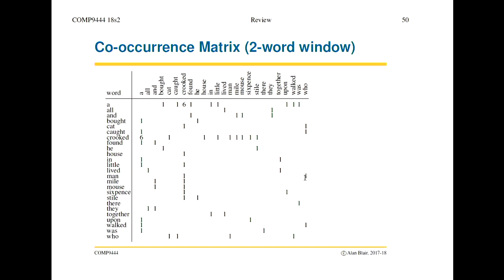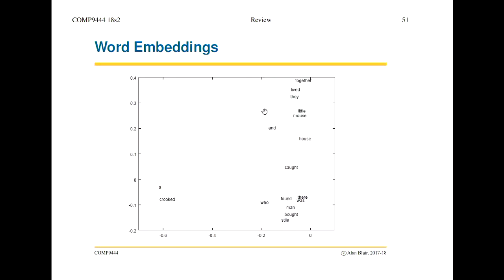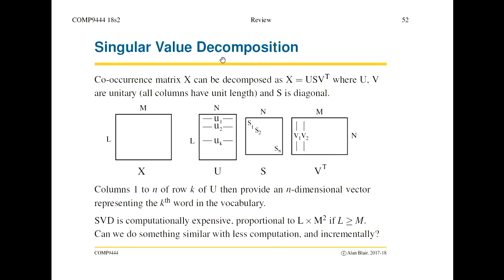So then we went on to language processing. So we looked at how to extract a co-occurrence matrix from a long corpus of text, and how you could extract word embeddings. We looked first at how to do this with singular value decomposition.